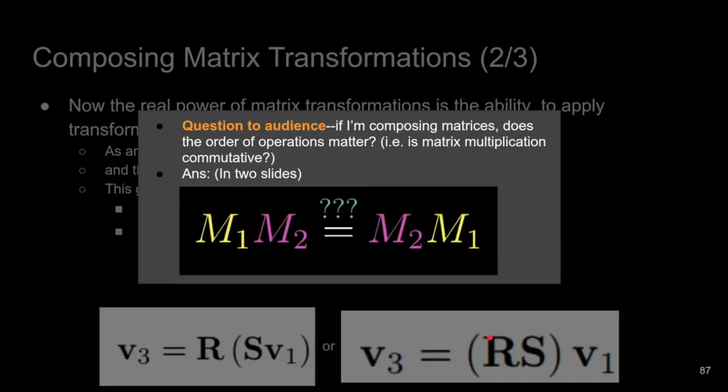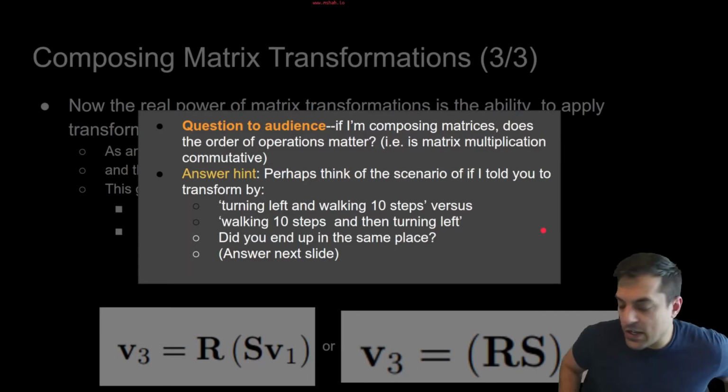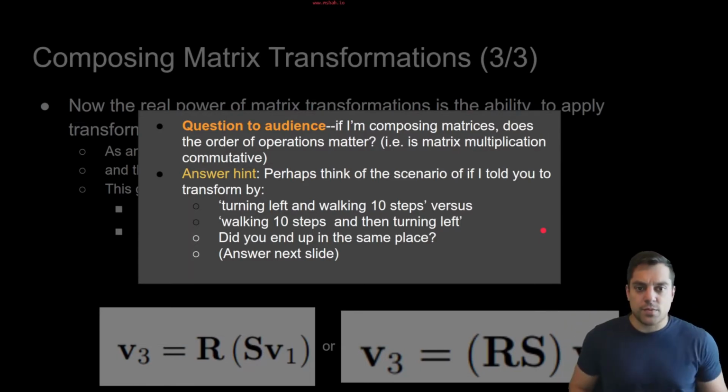Okay. All right, so if I'm composing matrices, does the order of operations matter? Well, let me give you 2 seconds to think about this. The answer, well, there's actually a better way to think about this. I mean, I just gave you the answer, but go ahead and do this exercise where you stand up and start at a location, turn left and walk 10 steps, and then remember where you're at.